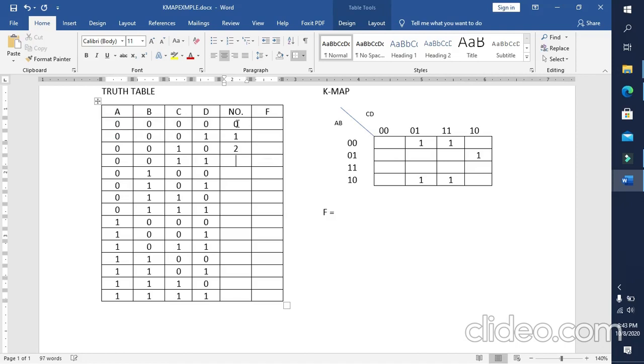Okay, so I have here now 0. This is 1, this is 2, this is 3, this is 4, this is 5, this is 6, this is 7, this is 8, this is 9, this is 10, 11, 12, 13, 14. What is missing? This is 8, this is 9. Okay, this is supposed to be 1, 0.